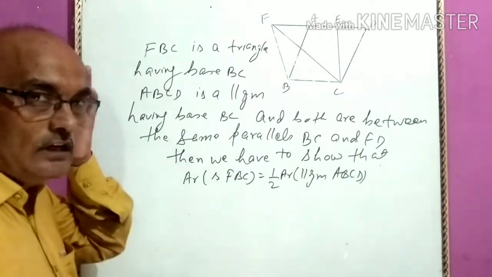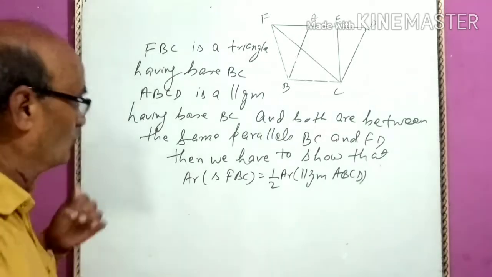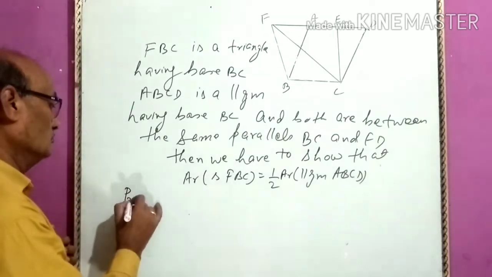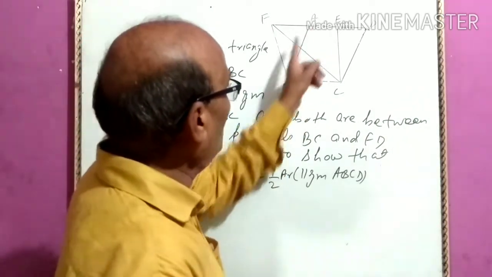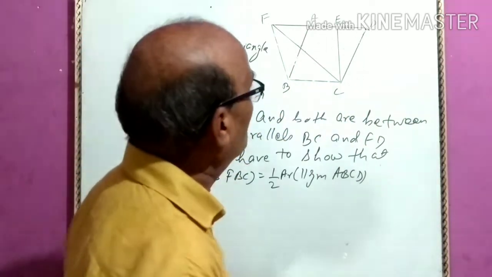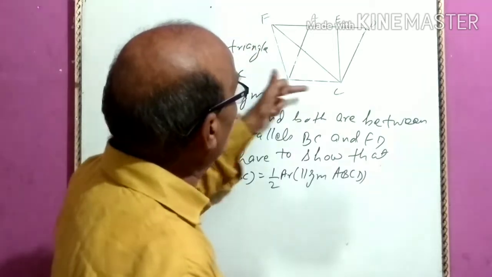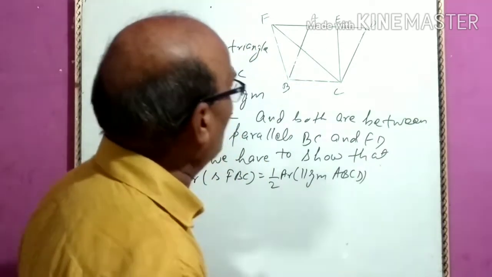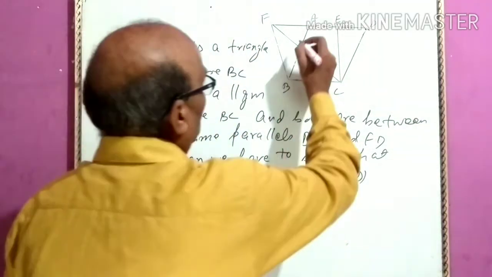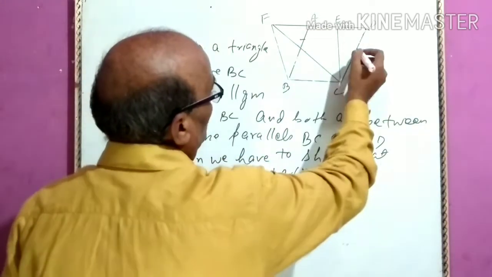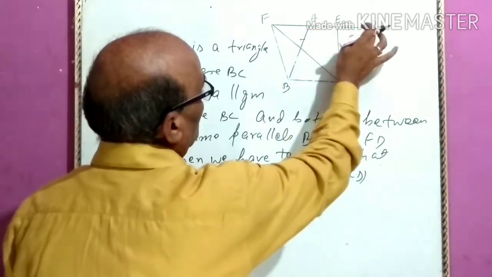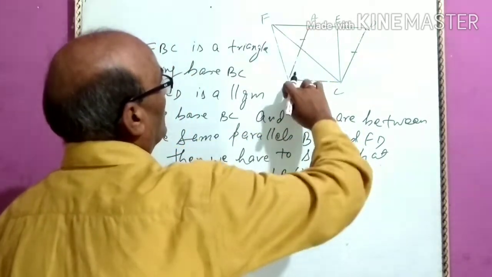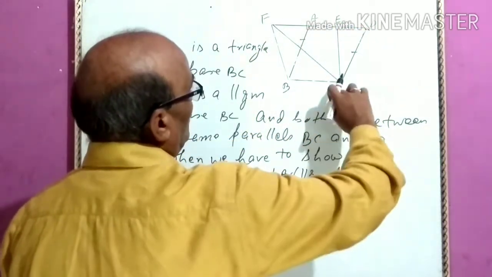Now, how can I prove? Look here. Here, ABCD and FBCE are two parallelograms. Look here, because AB is parallel to what? CD, and BC is parallel to AD, and FB is parallel to EC.